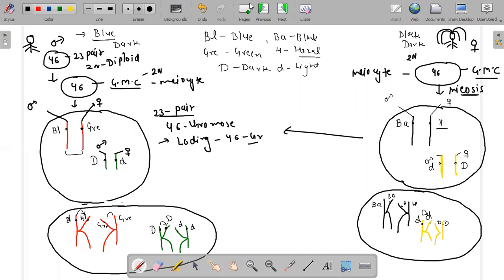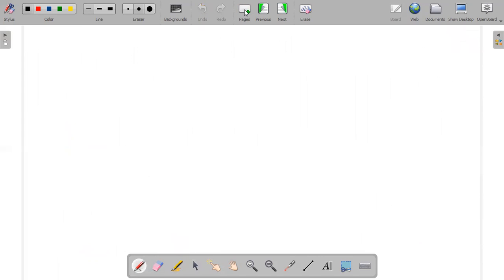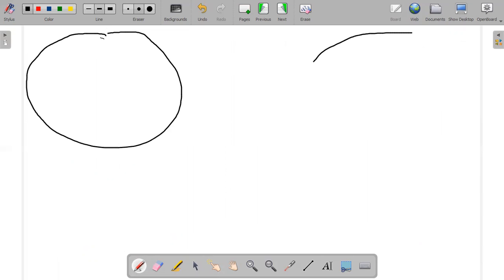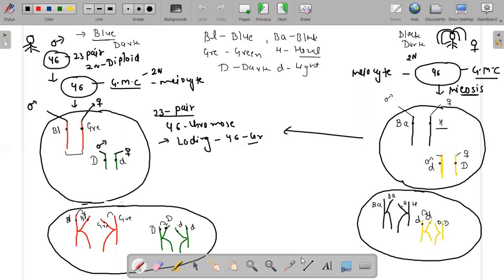Okay, so changing my page. Now these two, this one and this one, or this one or this one, are actually known as sister chromatids.